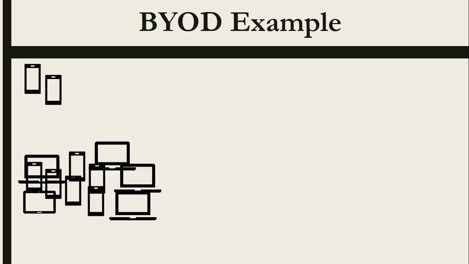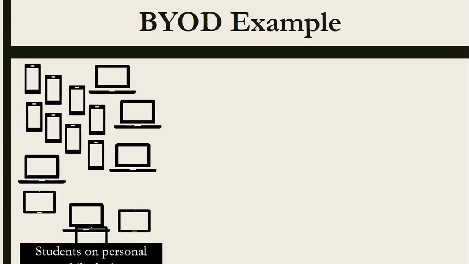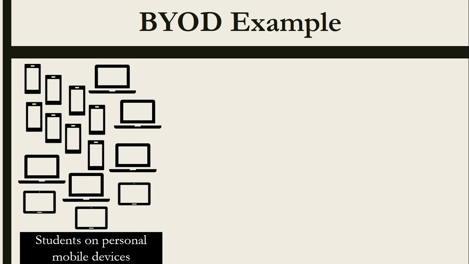In a BYOD or school-provided technology example, all the students have their own mobile devices. So they're on their personal mobile devices or the provided mobile devices. I know some higher end international schools actually require students to purchase, say, an iPad or some form of tablet.